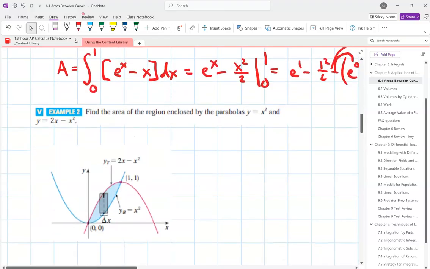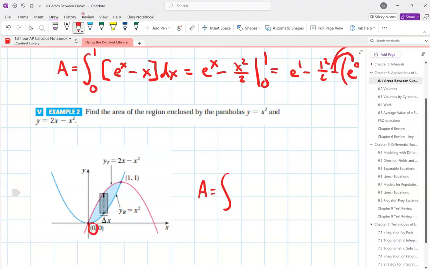Well, I guess. So here it says find the area of the region enclosed by the parabolas y equals x squared and y equals 2x minus x squared. So right away, the first question is going to be, what should the bounds of my integral be?